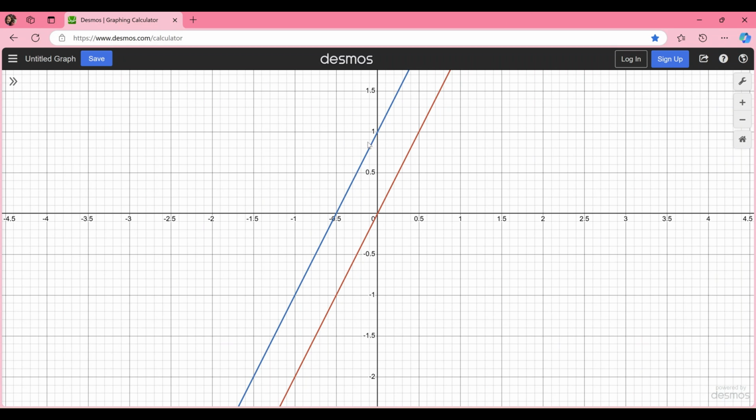So how does the red differ from the blue? And if you look closely, you will notice what's different is the y-intercept and the x-intercept. So the next thing that defines a line is not just the slope, but also the y-intercept.